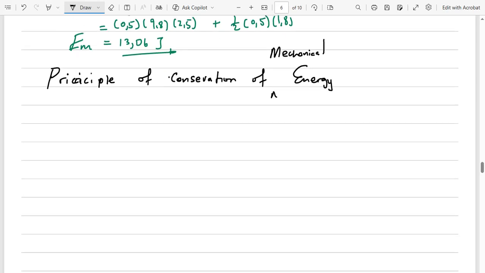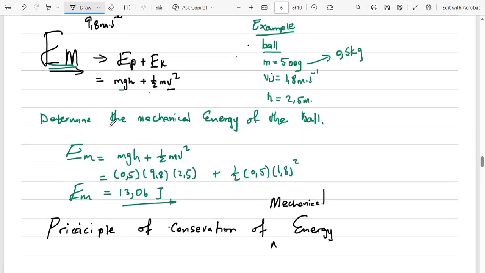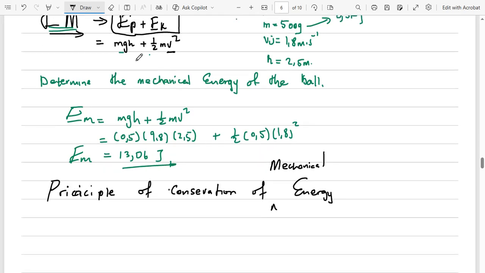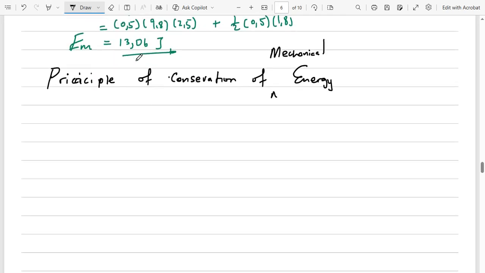Do you understand? So the formula goes like this. You see these two formulas, when you add the two formulas, this tells you that the mechanical energy before equals the mechanical energy after. EM before equals EM after.